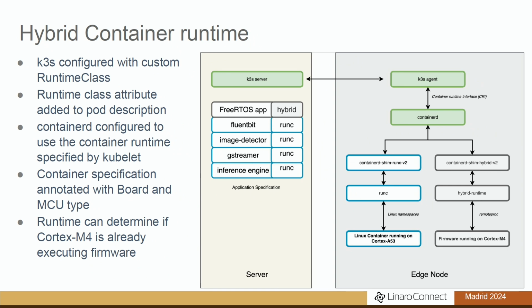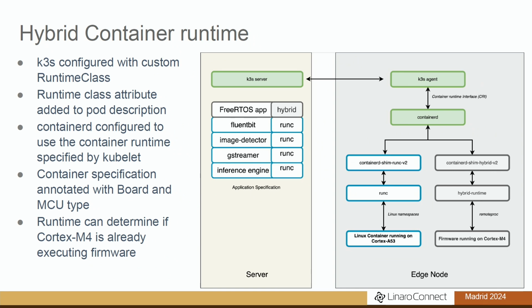So basically, you tell K3S that's what you want to do. You then configure containerd so that it knows when it's told, I want this hybrid runtime, how to find the low-level runtime control and start everything up. And so eventually, when the pod is deployed, the containerd on the board decides, okay, for normal containers, I run them with runc, and for the hybrid container, I use the runtime that we've created, which ends up using remoteproc to start the firmware.